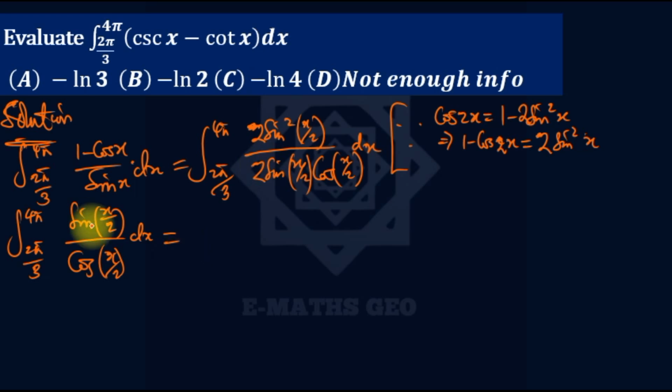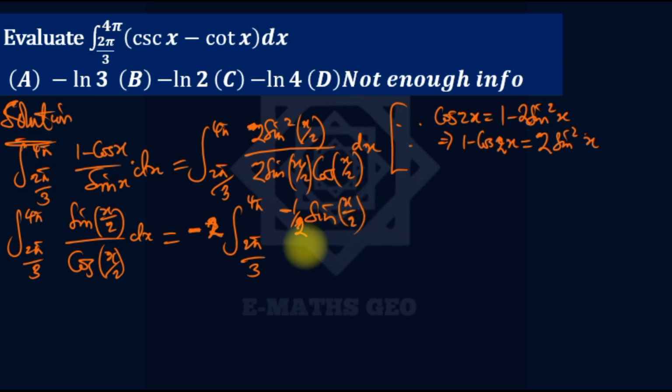So let me introduce minus 2 times this integral, while this is now minus half sine half x over cos half x dx.